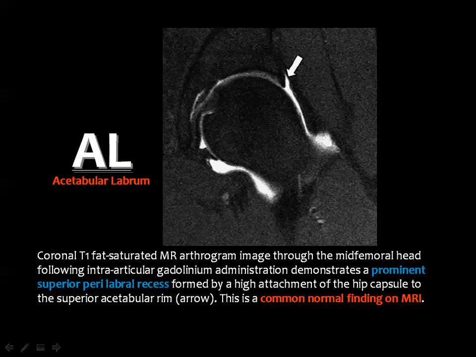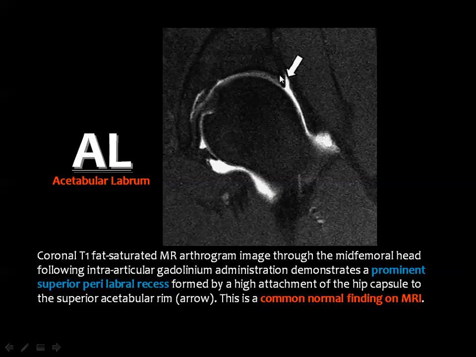substance of the labrum. This is the normal appearance of the acetabular labrum, a triangular dark signal attached to the margin of the acetabulum. And this arrow points to one of the common normal findings where you have some attachment of the hip joint capsule at the base of the labrum, resulting in some of the contrast material being present between the labrum and the capsule, and this does not indicate that the labrum is injured.